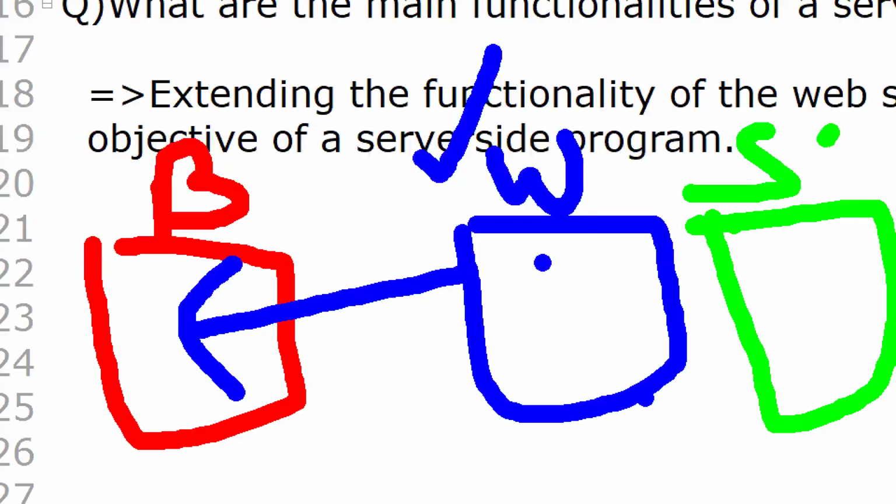So, by taking the help of a server-side program, from now onwards, the web server's functionality is enhanced, extended. Without a server-side program, it is able to provide support only for a static website. By using the support of a server-side program, the web server's functionality is extended, increased, enhanced. Now onwards, it can support not only a static website, but also a dynamic website.